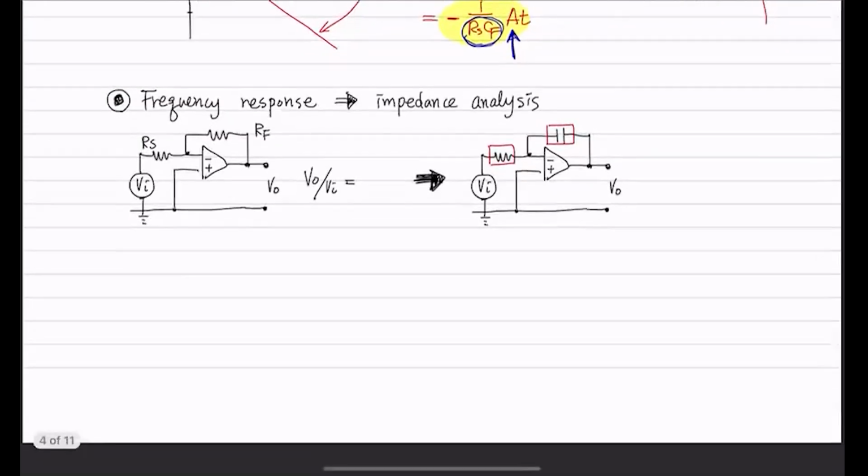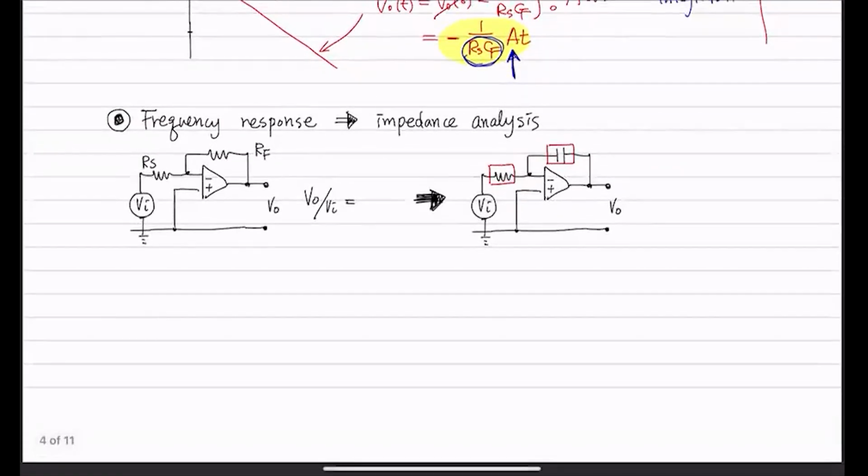So then, now let's start thinking about the frequency response. And for the frequency response, we will directly just use the impedance here. So this was the inverting amplifier, right?